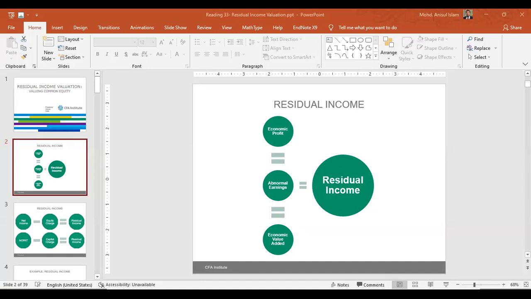Is it the price of the total firm, or the price of the stock only? This is not the price of the total firm; this is the price of the stock only.